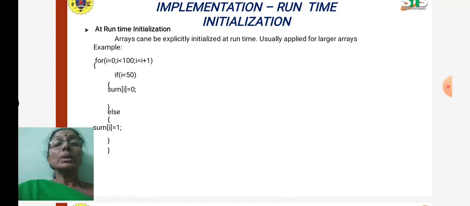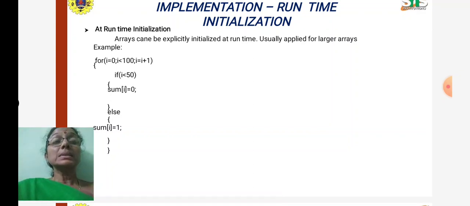This is the way you can do runtime initialization. Or you can use the scanf statement to get the value from the end user and assign it to each array element using the index number.